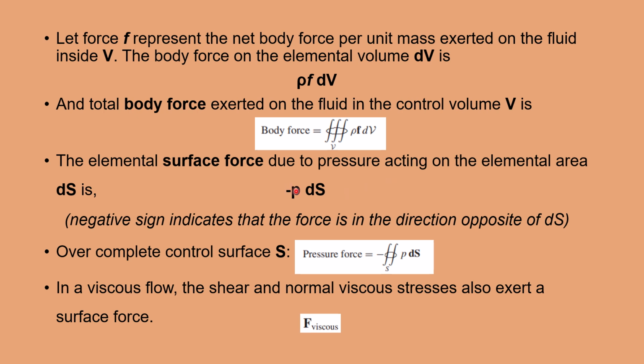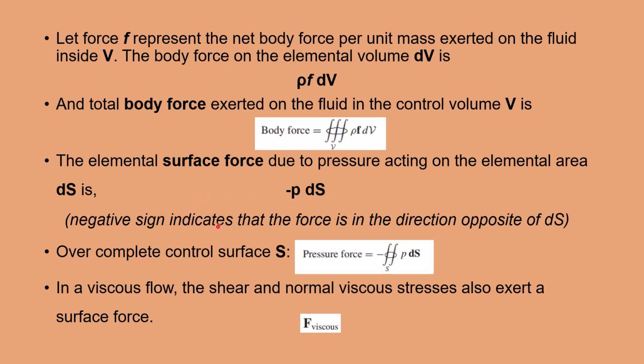Next, the total body force exerted on the fluid inside the control volume V will be the volume integral of rho f dV. Now let's move on to the surface forces. The elemental surface force due to pressure acting on an elemental area dS is minus p dS.